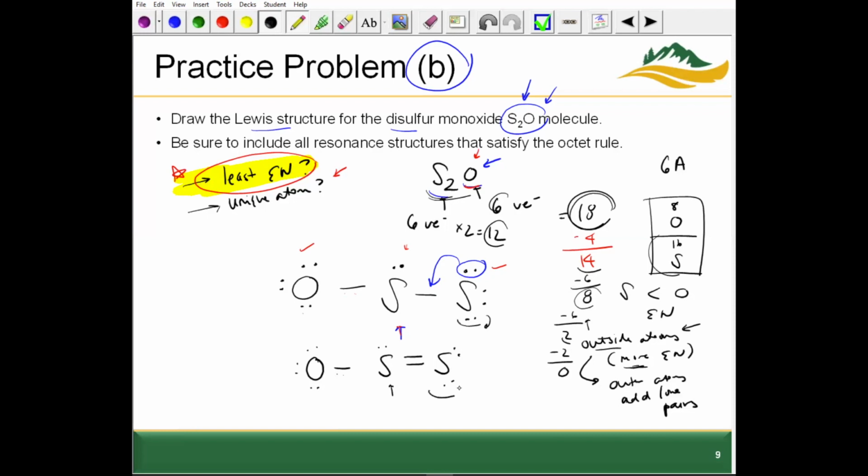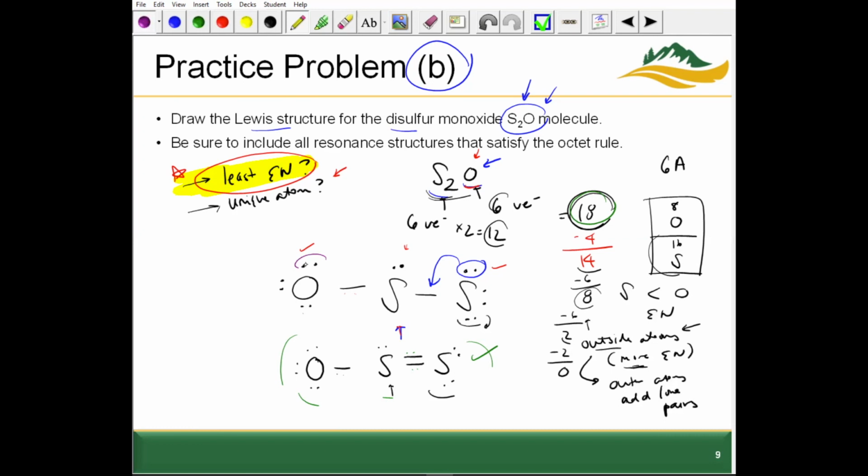Did we mess up this sulfur's octet by moving that lone pair into a double bond? Well, let's see. 1, 2, 3, 4, 5, 6, 7, 8. This sulfur still has a happy octet. This is a perfectly viable Lewis dot structure. We've used all 18 valence electrons, and each of our atoms has a happy octet.